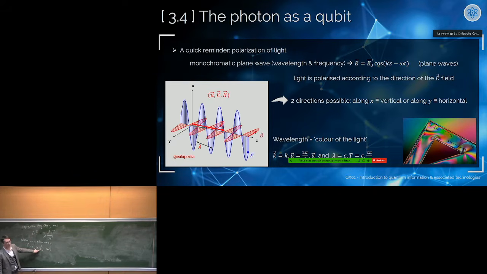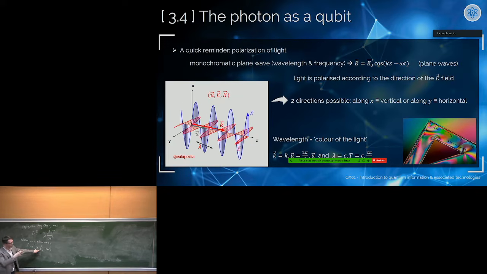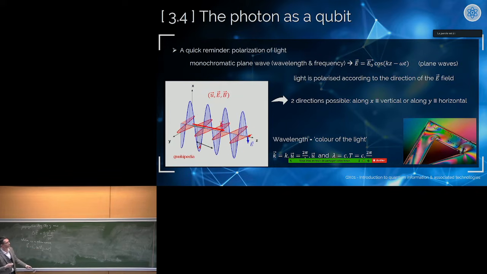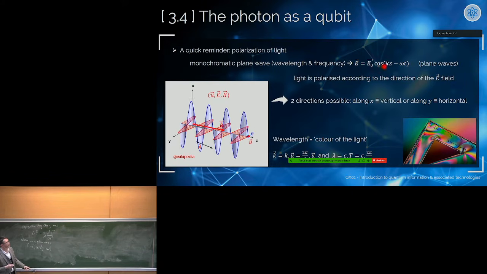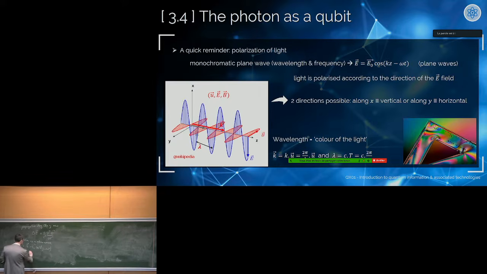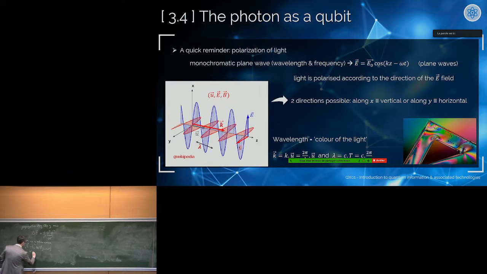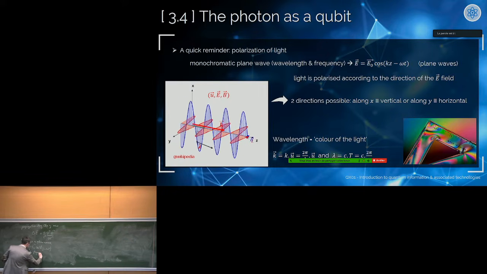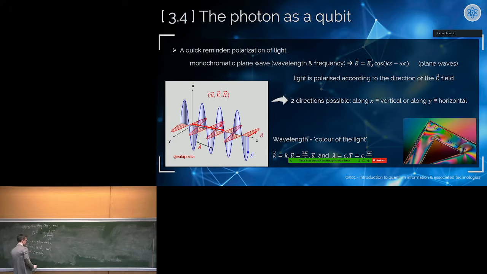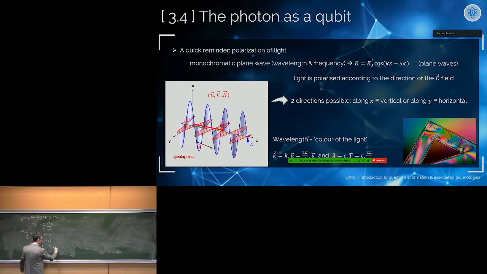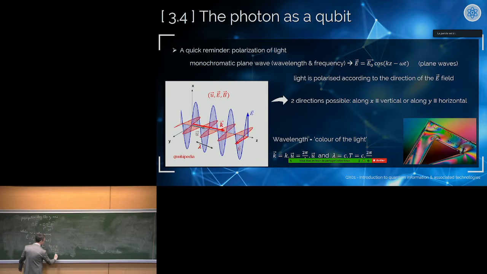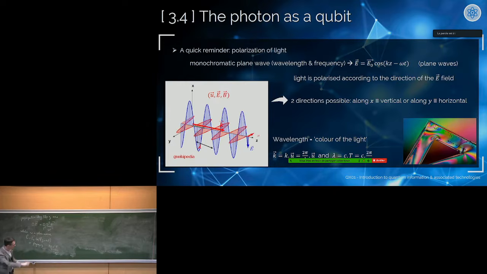So I have kz, where k is the wave vector, the characteristic of the propagation axis of the wave. And then omega is the frequency, and is related to the wavelength. So I remind you, we have lambda equals c times T, or 2 pi c over omega.